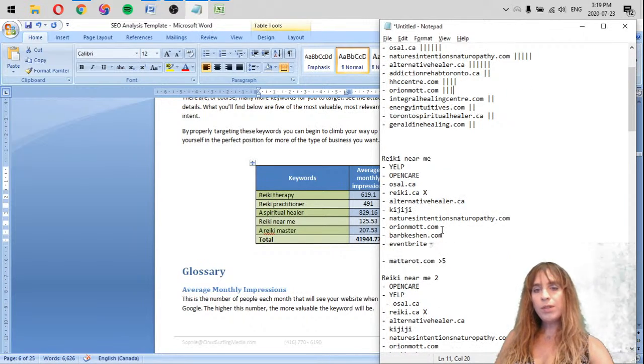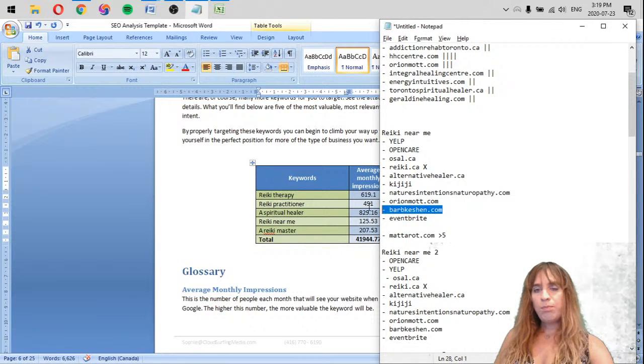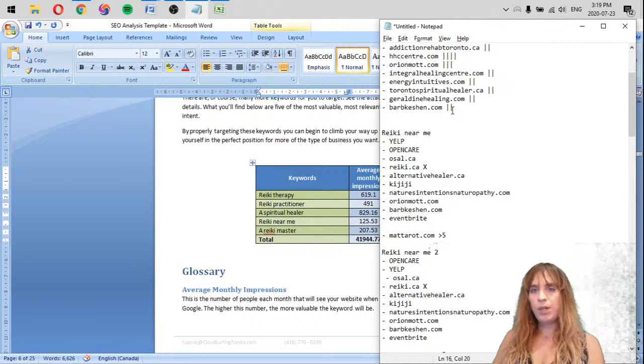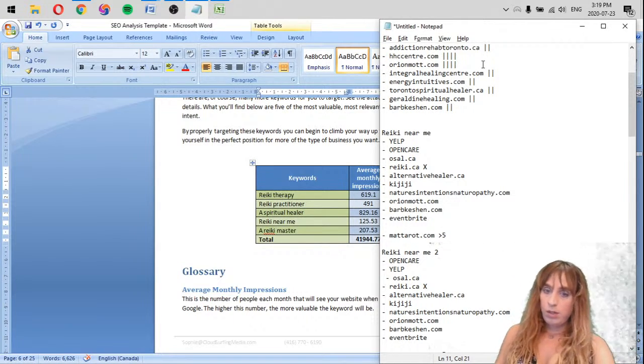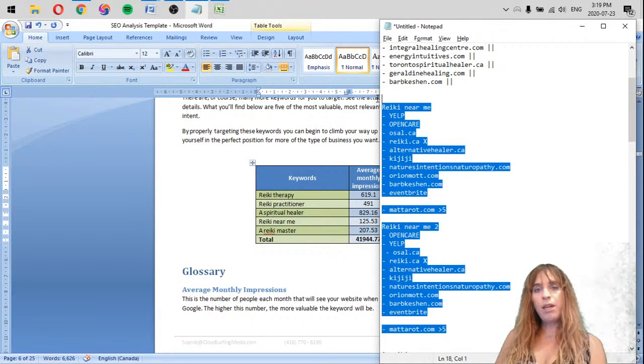back in the fold. Cashin. Twice. Orion Mott shows up twice. Okay.